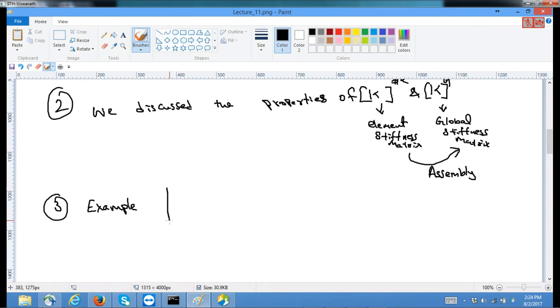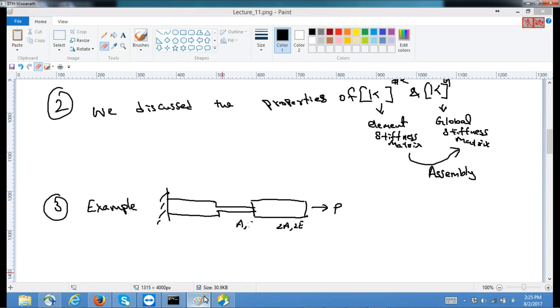We solved an example with a point load P. This is 2A, 2E. I think this one is 3E. We solved it with the 3E.